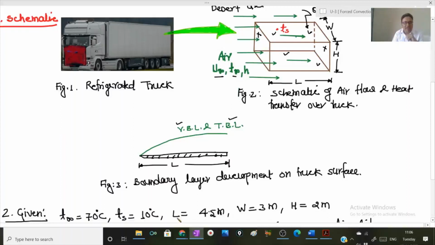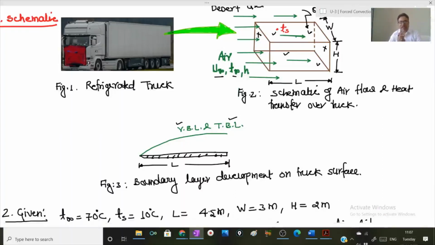So figure 3 represents boundary layer development on the truck surface because of difference of velocity and difference of temperature between truck surface and the desert air.